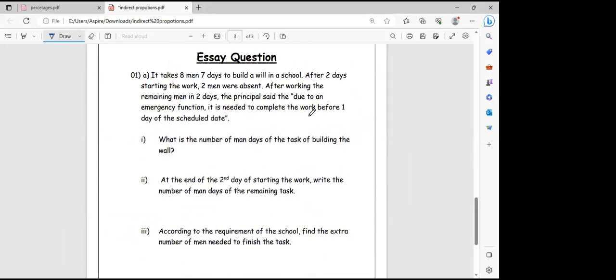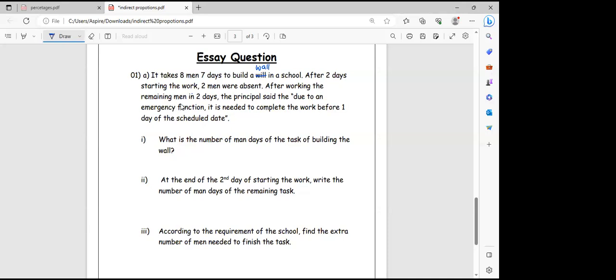It takes 8 men 7 days to build a wall in a school. After 2 days of starting the work, 2 men were absent.